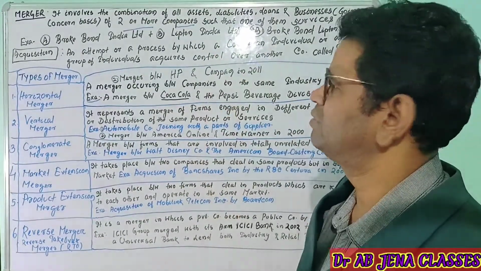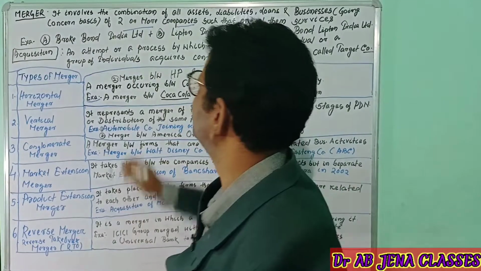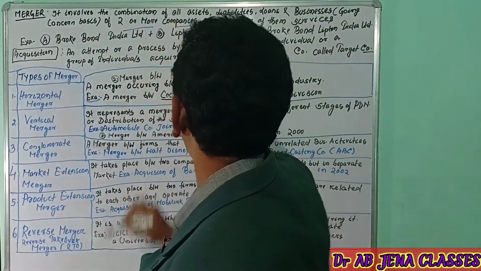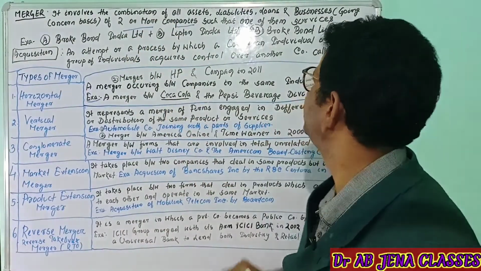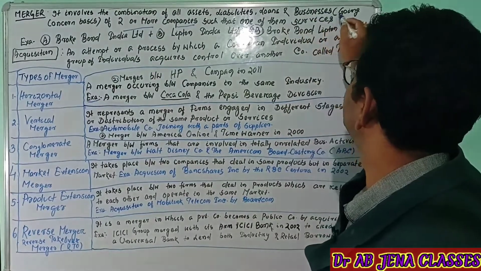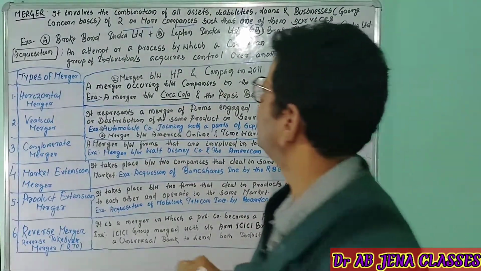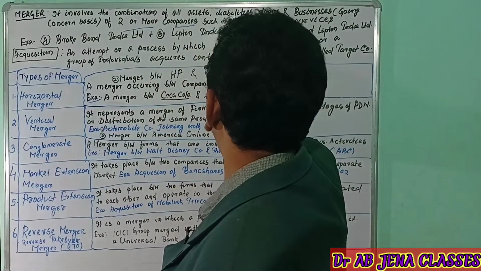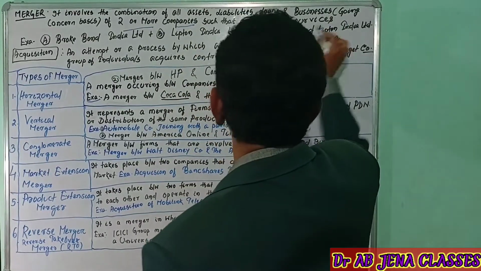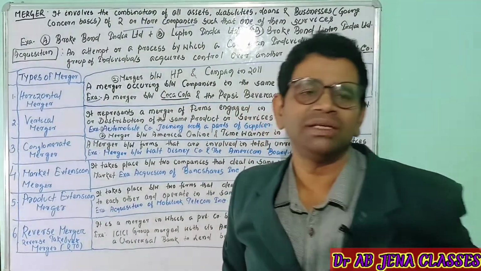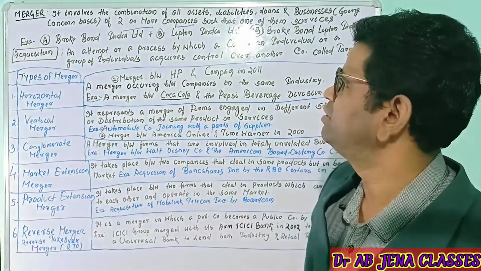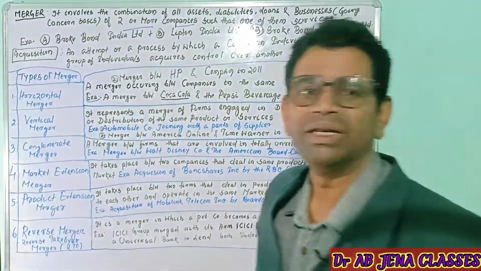Again I am repeating, merger involves the combination of all assets, liabilities, loans and businesses of a going concern of two or more companies such that one of them survives.